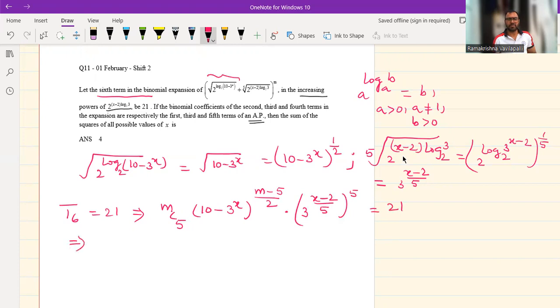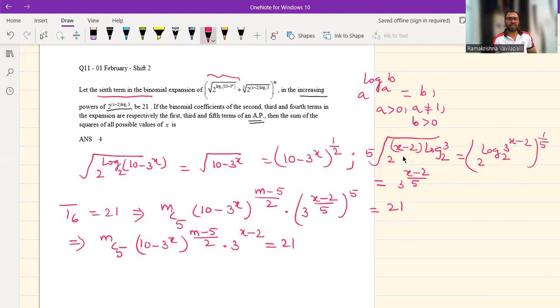So we must simplify this. mC5 (10 minus 3 power x) whole to the power of m minus 5 by 2, into 3 to the power of x minus 2, equal to 21. What else do we need to find out? We need to find out the value of m.